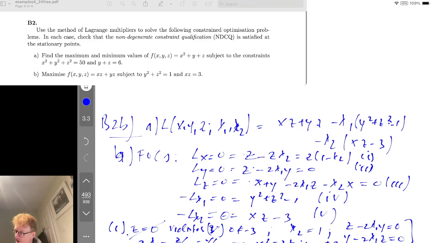Then you develop y is z or y is minus z. You develop both cases, and each gives you different critical points. It gives you a whole series of points which you then have to develop.